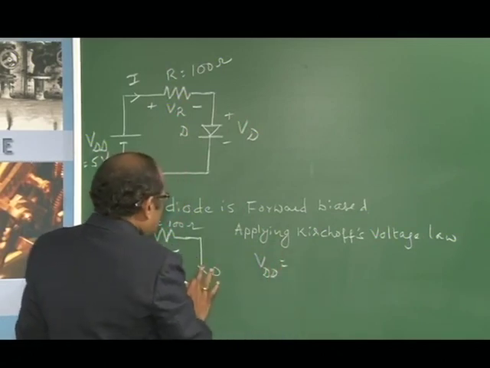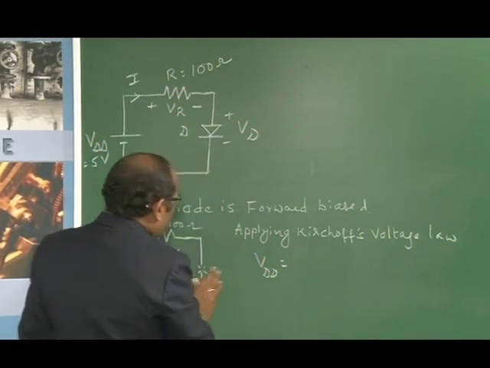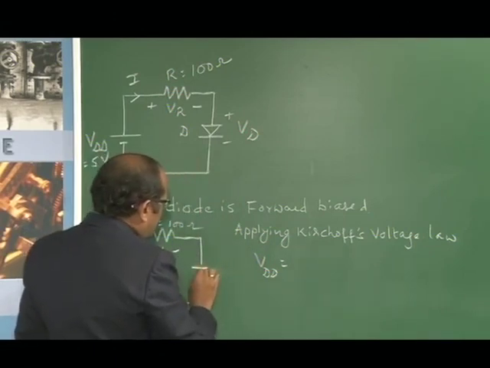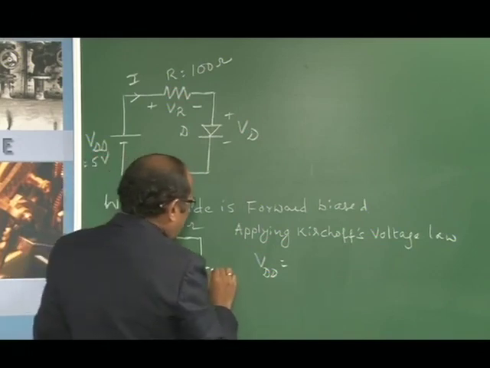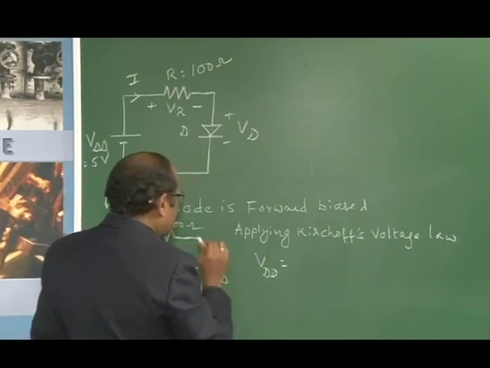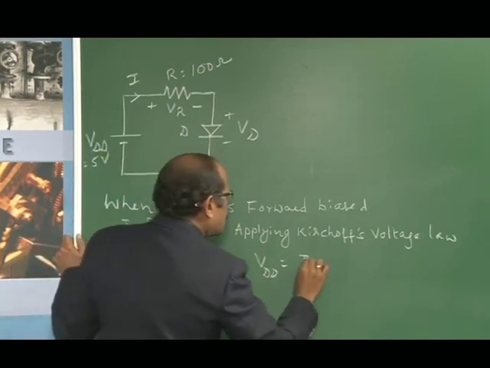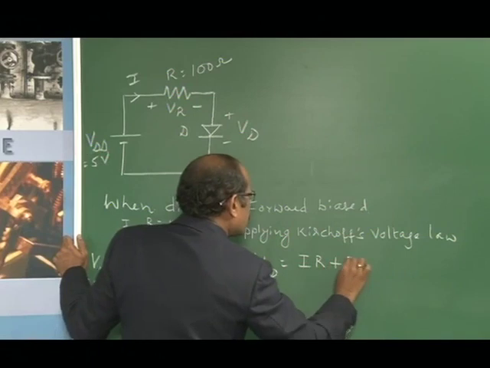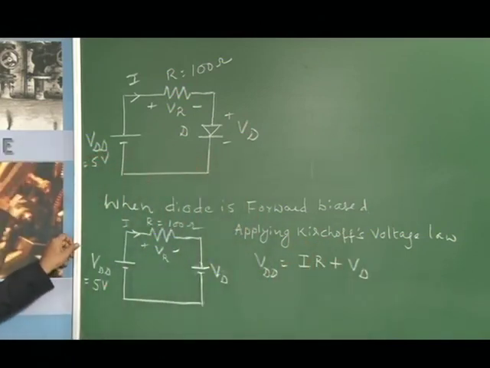What we are assuming is that, instead of a short circuit, the diode acts as a small DC supply, called VD, that is the voltage across the diode. Therefore VDD will be equal to I into R plus VD. So this is the equation we get.